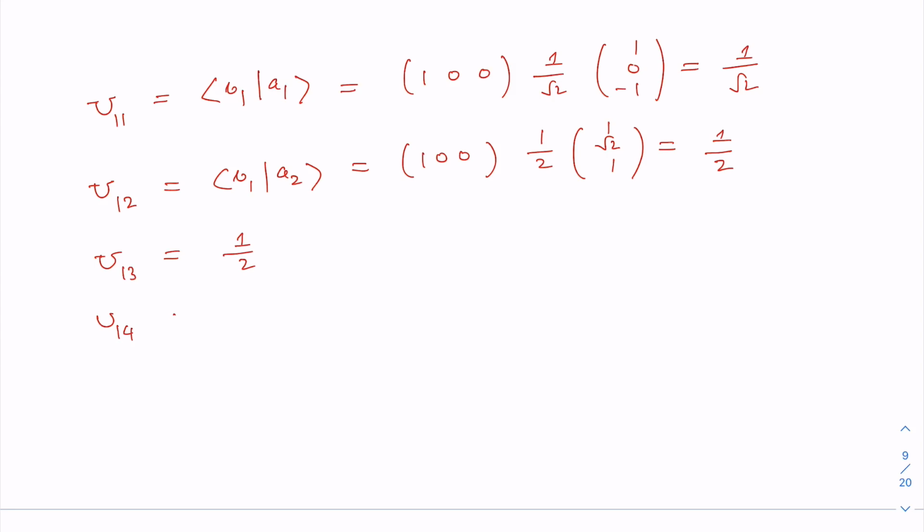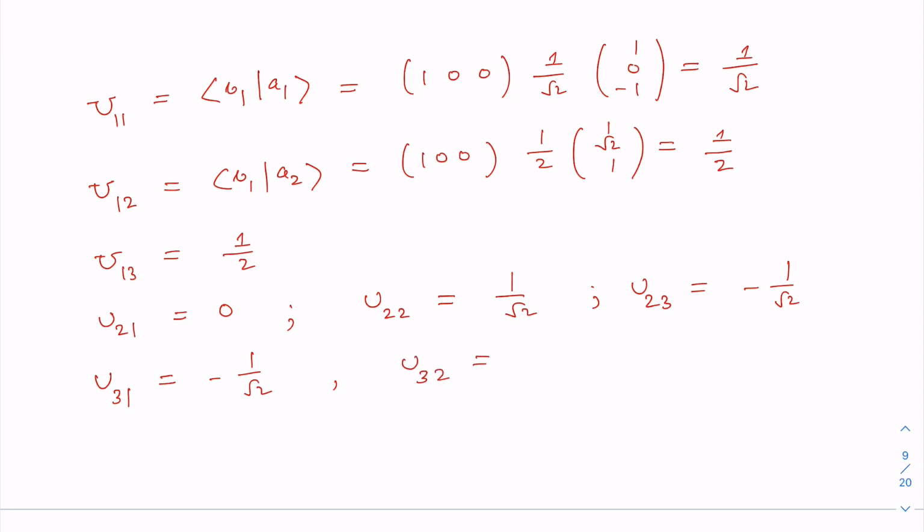It's a 3 by 3 matrix, so you will have U21 equal to 0, U22 equal to 1 by root 2. Please verify all these things yourself. U23 is equal to minus 1 by root 2. U31 you will get as minus 1 by root 2, U32 you will get as half, and U33 you will get as half.